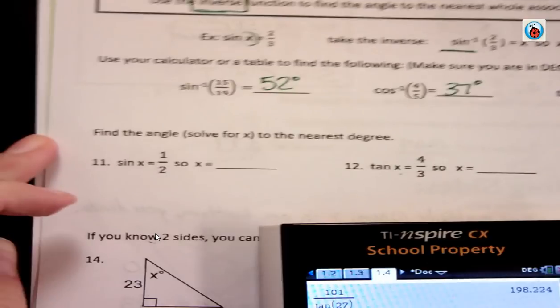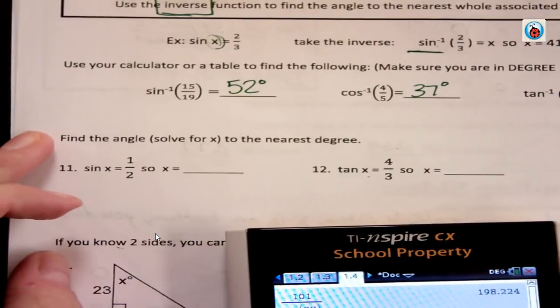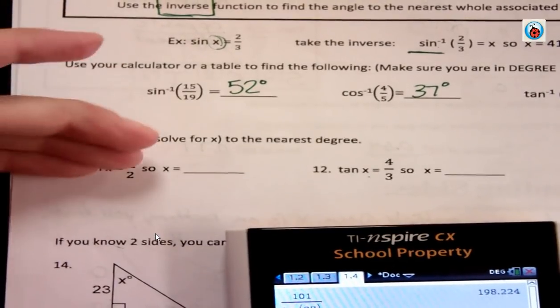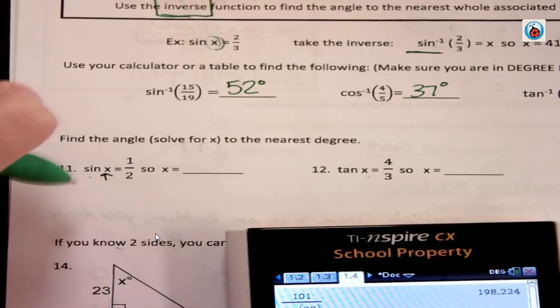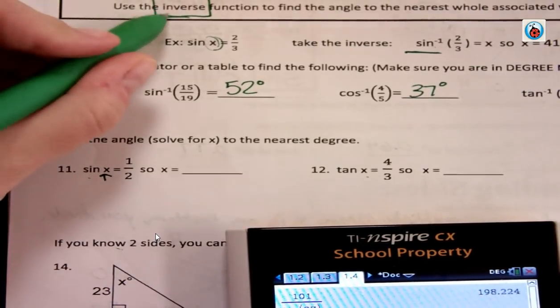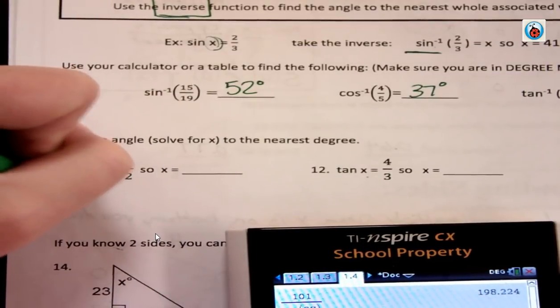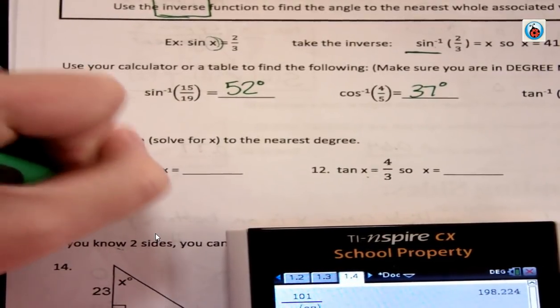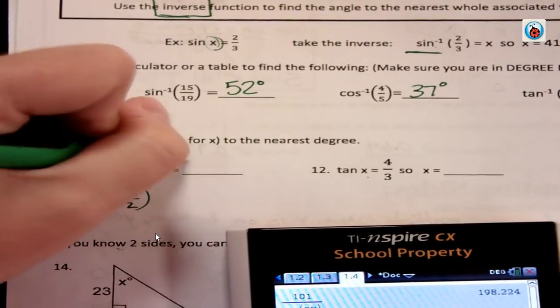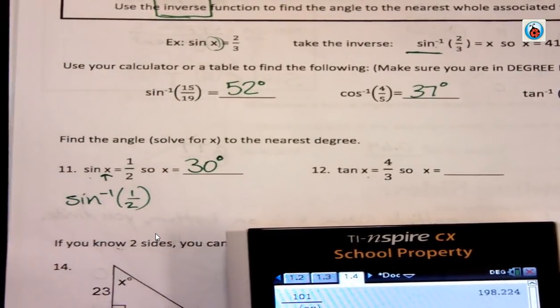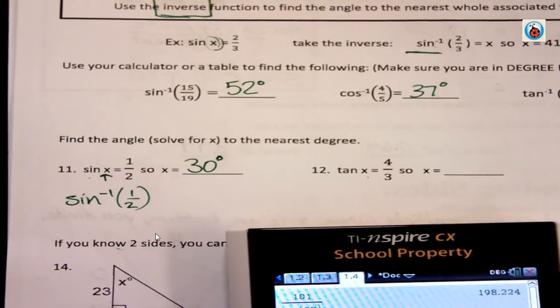Alright, here for number 11, for sine of 1/2. So the way you change it, when you have sine of an angle, you don't know that angle, you want to use the inverse in your calculator. So it looks like this, sine inverse of 1/2. Put that in your calculator and you get 30 degrees. Okay, so go ahead and do that for number 12.